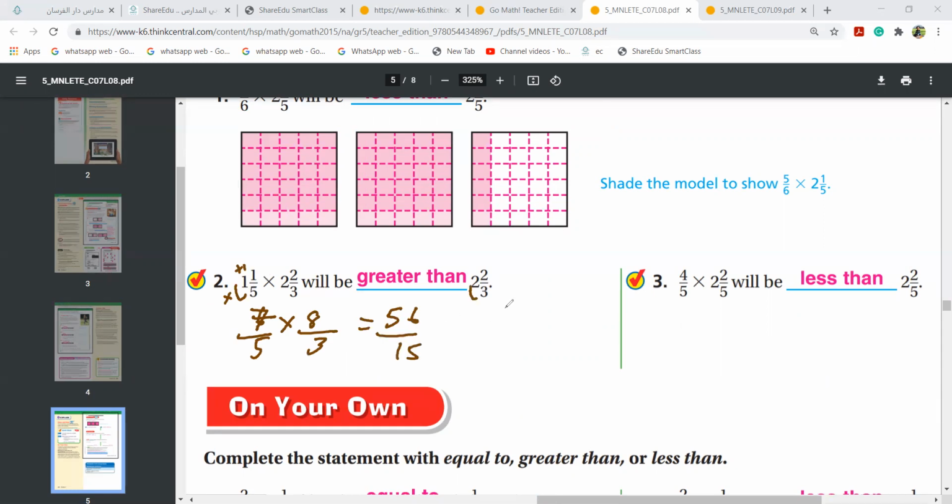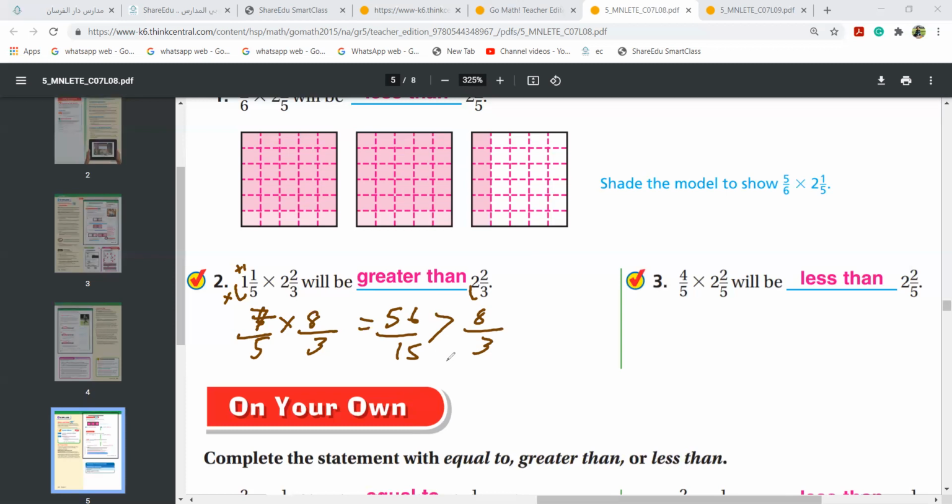Here, 3 times 2 is 6, and 8 over 3. If I calculate this, 3 over 8, they said that this is bigger. Now, because I don't have the numerator or denominator the same, by looking at it, I know that this is bigger.